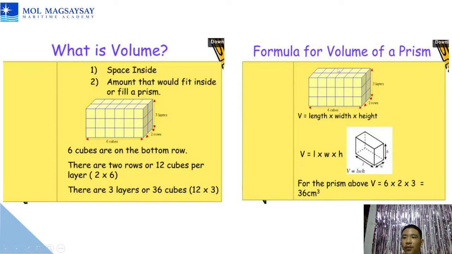So the formula for volume of a prism is volume equals length times width times height. So for the prism above, the length is 6, the width is 2, and the height is 3. So 6 times 2 equals 12, and 12 times 3, we would come up to 36 centimeters cube.